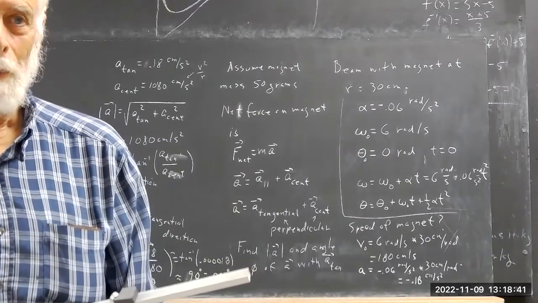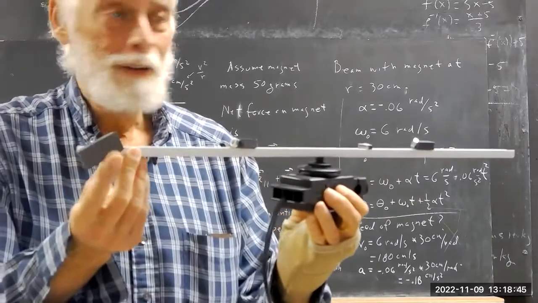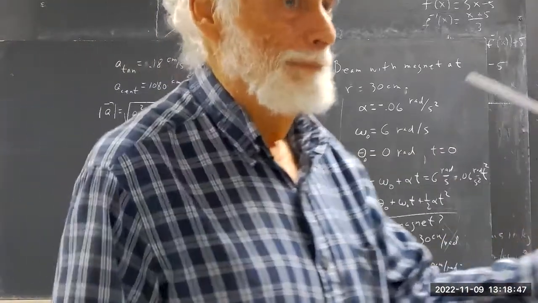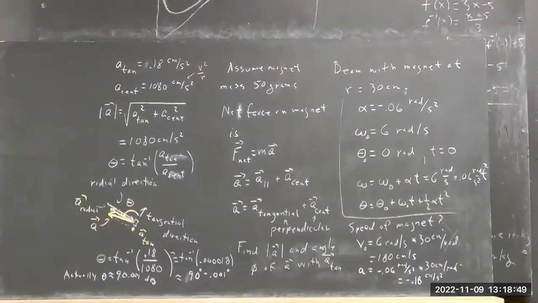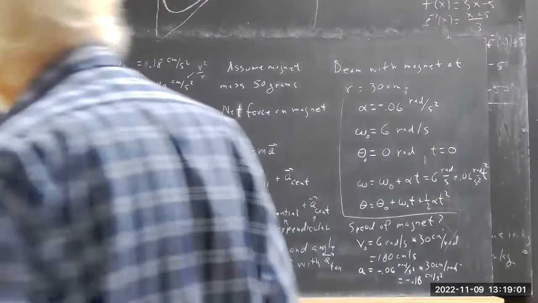Maybe accelerating, maybe at a constant velocity. What can you do with the velocity of the magnet? Say the center of mass of the system is moving with some additional velocity.